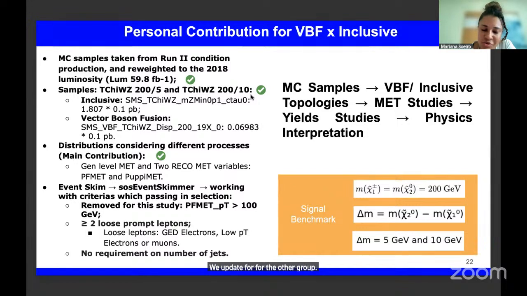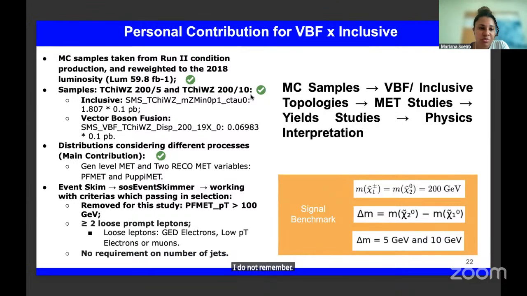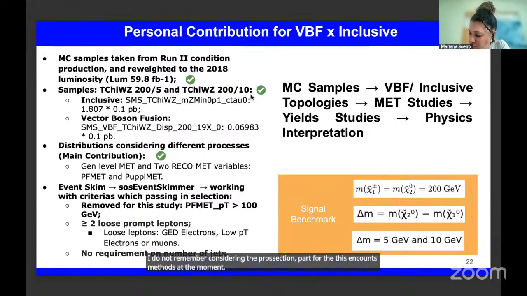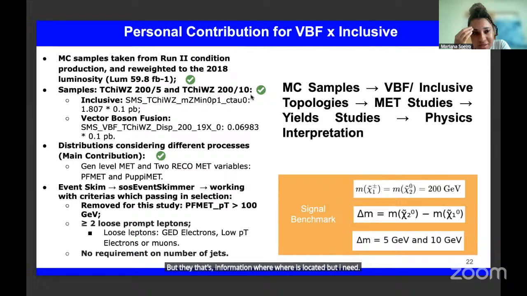But I need to check the information more carefully to give you better details. I don't remember the cross-section part for the Z counting method at the moment. I need to check where the information is located. The numbers, I don't remember. It is too much.